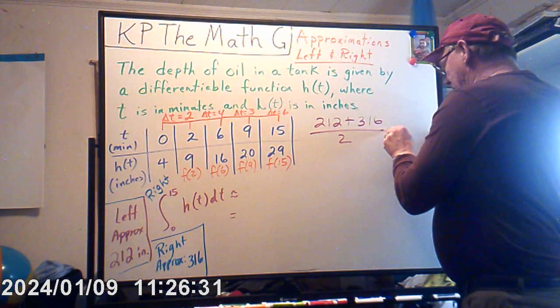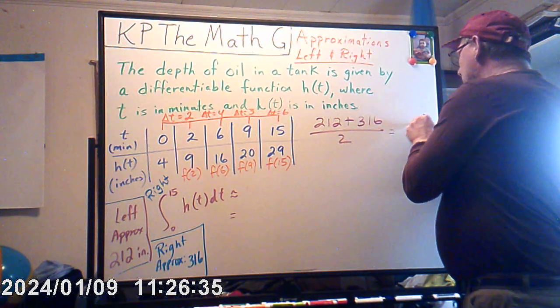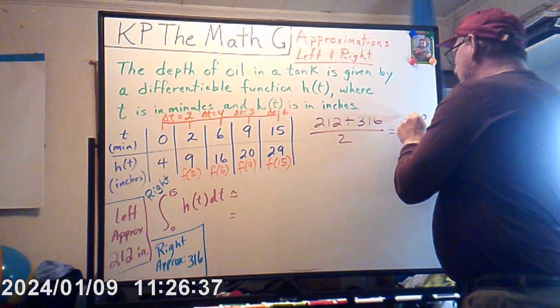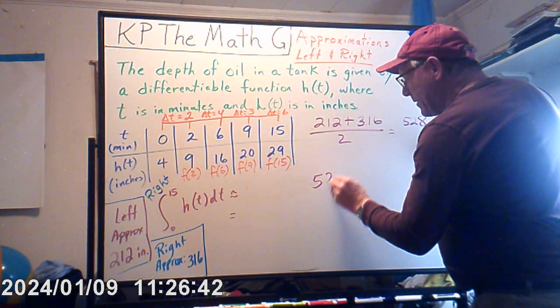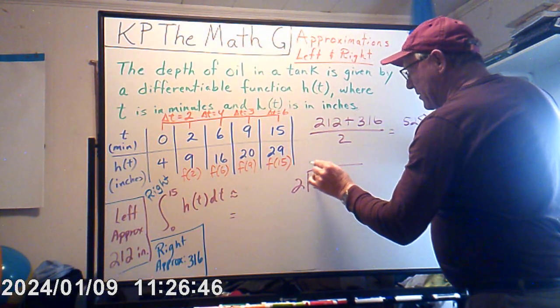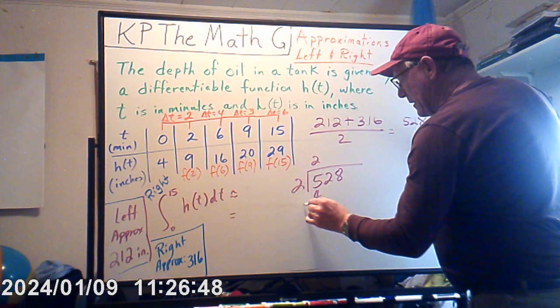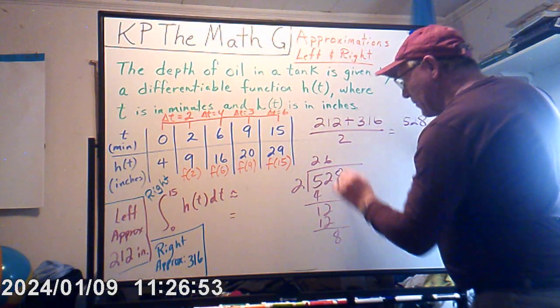2 plus 6 is 8. 1 plus 1 is 2, and 2 plus 3 is 5. 528 divided by 2. So 2 2s are 4, 2 6s are 12, and 2 4s are 8.